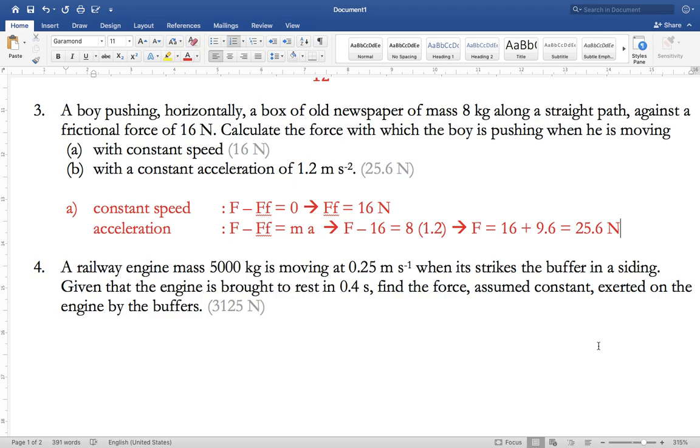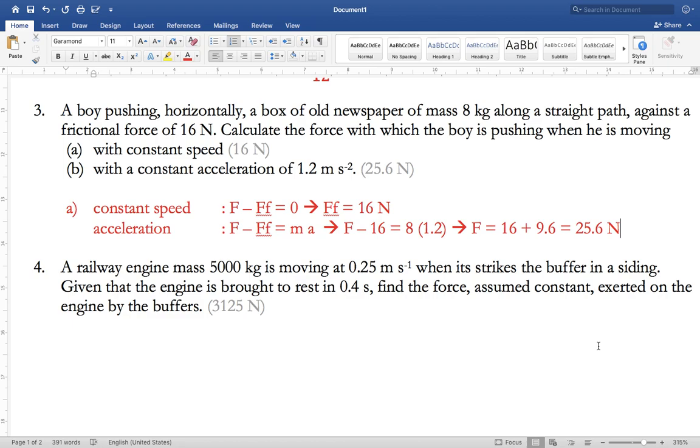A railway engine of mass 5,000 kilograms is moving at 0.25 meter second minus 1 when it strikes the buffer in a siding. Given that the engine is brought to rest in 0.4 second, find the force, assumed constant, exerted on the engine by the buffers.